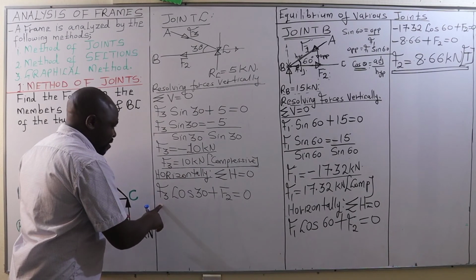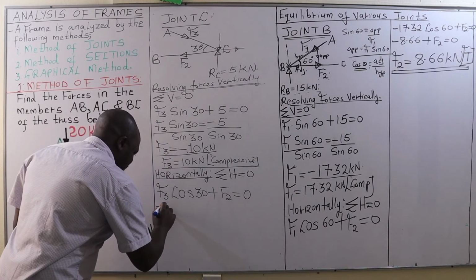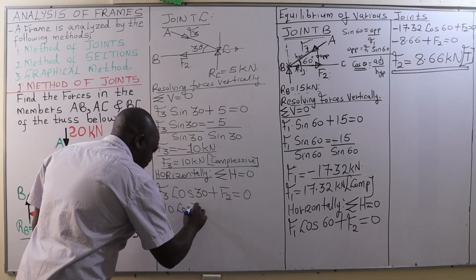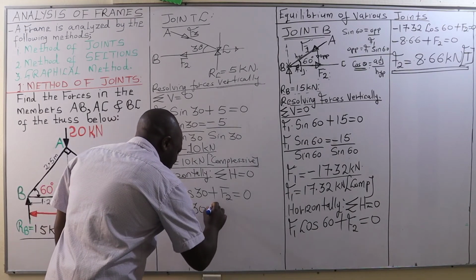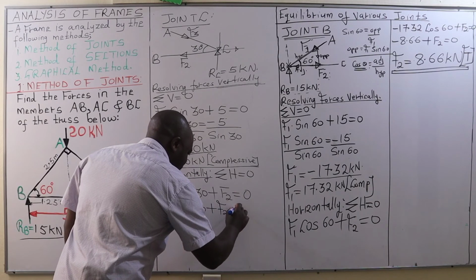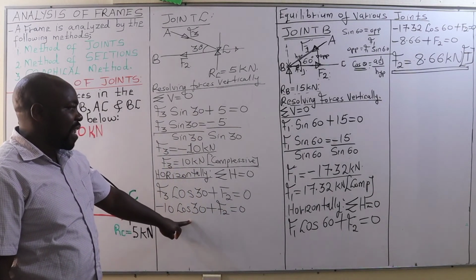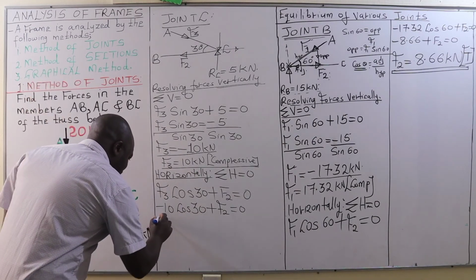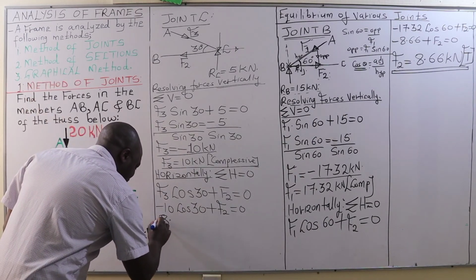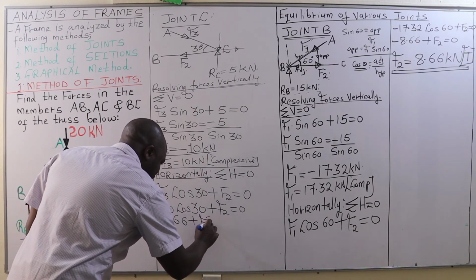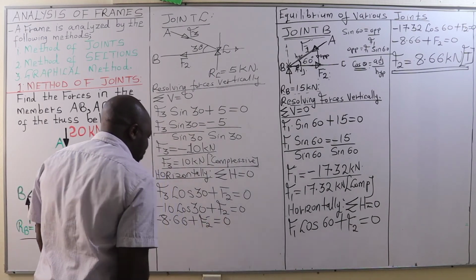Now, we have the value of F3, which is negative 10. Therefore, you can say negative 10 cos 30 plus F2 is equal to 0. Now, negative 10 cos 30, that is negative 8.66. Therefore, negative 8.66 plus F2 will be equal to 0.